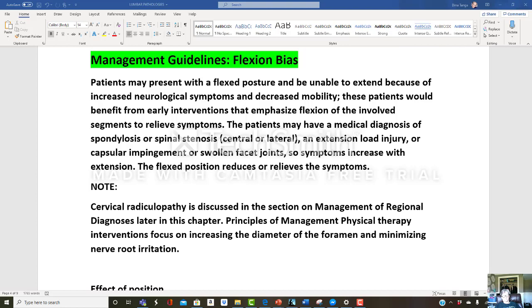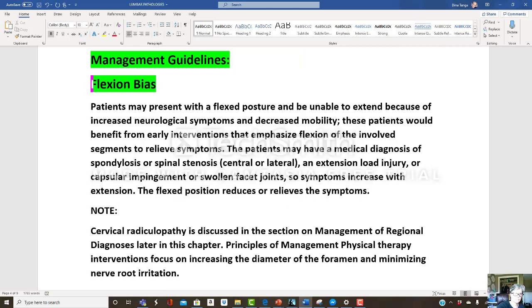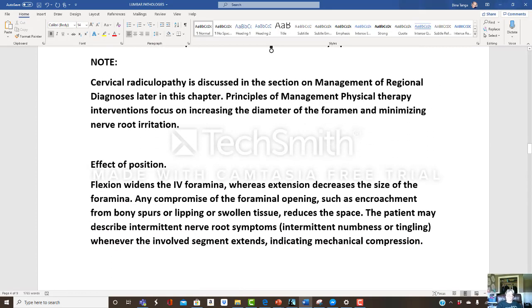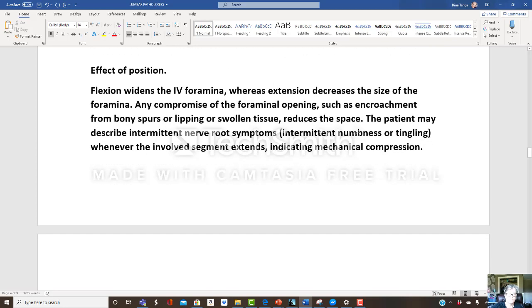Note, cervical radiculopathy is discussed in the section on management of regional diagnosis later in this chapter. Principles of management. Physical therapy interventions focus on increasing the diameter of the foramen and minimizing nerve root irritation. Effective position. Flexion widens the IV foramina, whereas extension decreases the size of the foramina.